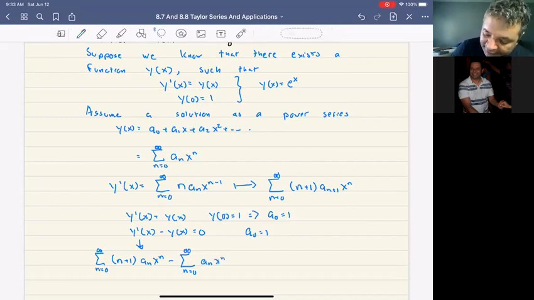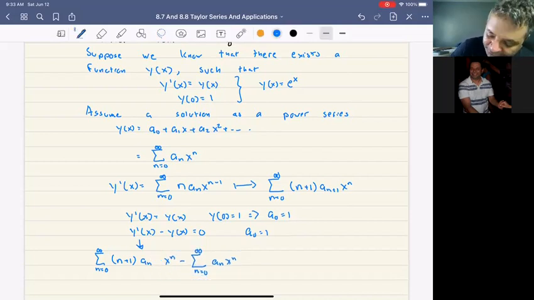I made a mistake. That needs an n plus 1 on it there. There we go. I knew I made a mistake because it wasn't going to come out right.